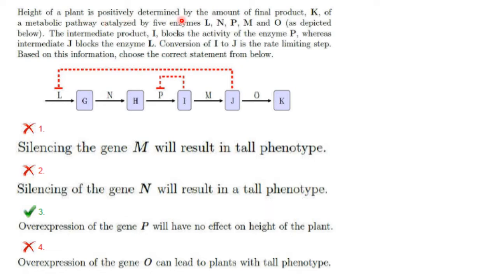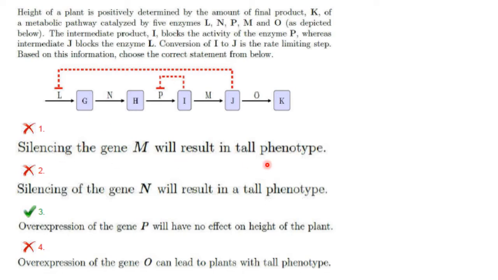Height of a plant is positively determined by the amount of product K of a metabolic pathway catalyzed by 5 enzymes L, N, M, P, O as depicted below. The intermediate product I blocks the activity of enzyme P, whereas intermediate J blocks the enzyme L. Conversion of I to J is the rate limiting step. Based on the information, choose the correct statement from below.